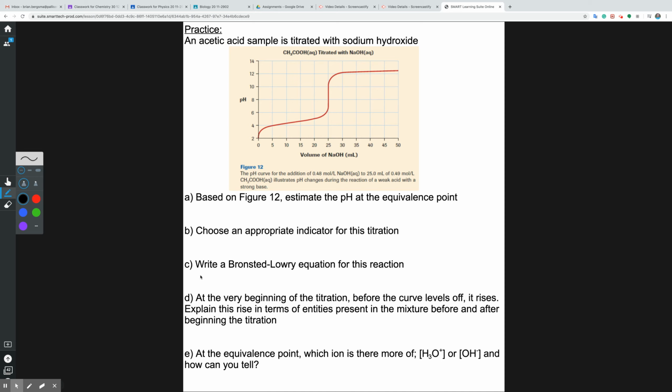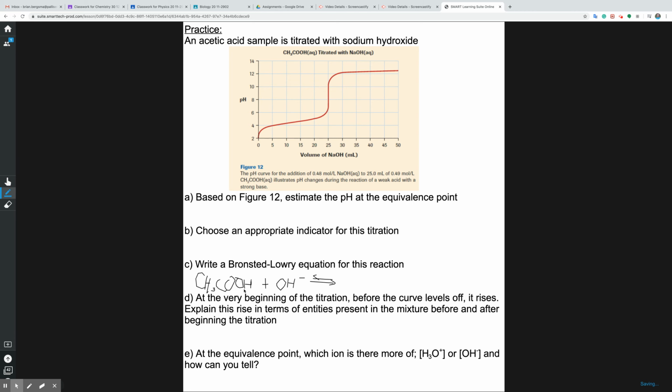So CH3COOH, plus our strong base, which is hydroxide, and again, we always have our double arrows here.